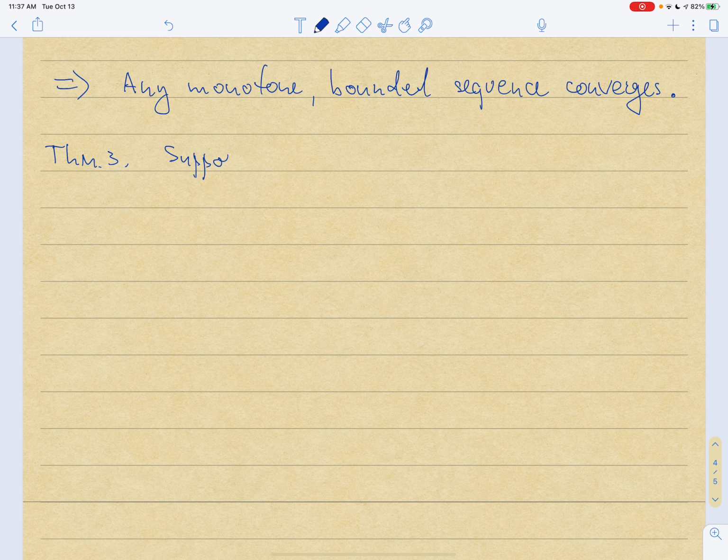Suppose that Sn is increasing and not bounded from above.